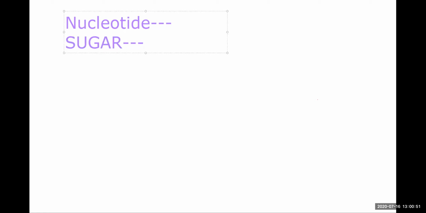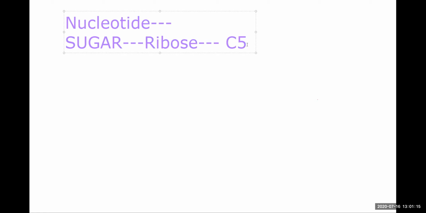What sugar? The sugar is ribose. How many carbon atoms are in ribose? There are 5. In glucose, there are 6 carbon atoms. In a ribose molecule, there are 5 carbon atoms.